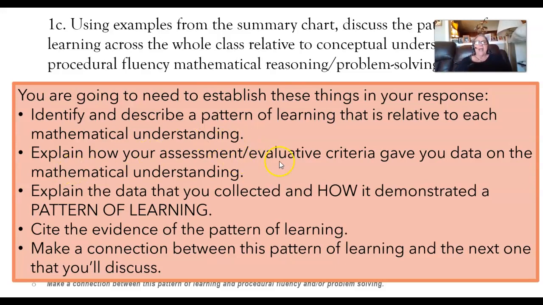You want to explain how the assessment and evaluative criteria gave you data on that mathematical understanding. You want to explain the data that you collected and how it demonstrated a pattern of learning. How did you look at that data and come up with a pattern? You want to cite the evidence for that pattern and make a connection between the pattern of learning and the next one that you're getting ready to discuss.